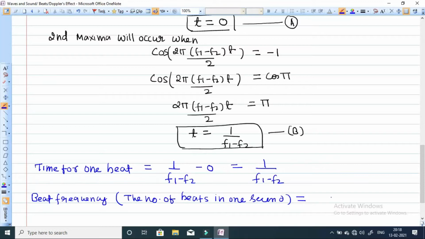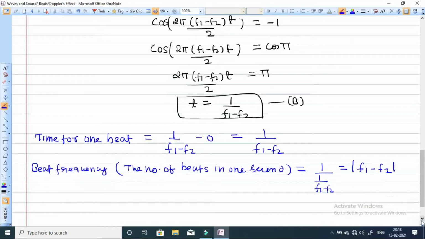So the time for one bit we have calculated, so it will be equal to 1 upon 1 by (f1 minus f2), and it will be equal to f1 minus f2. If f1 is greater, then we can directly take f1 minus f2. If f1 is less than f2, then we need to take the modulus value. So f1 minus f2 means the difference of frequency of two waves. It will give you the bit frequency.